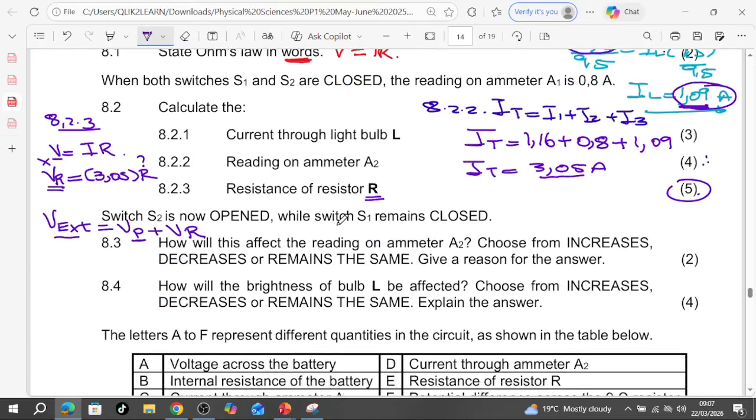So V external is equal to V parallel, 10.4, plus VR. So now what is going on here is that we are looking for VR, but we don't have this. You see? So this tells me that I need to leave the formula like this.